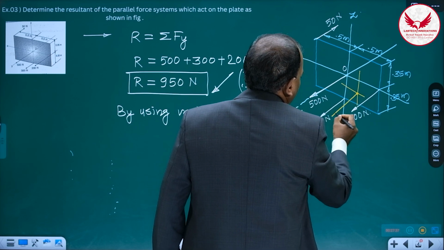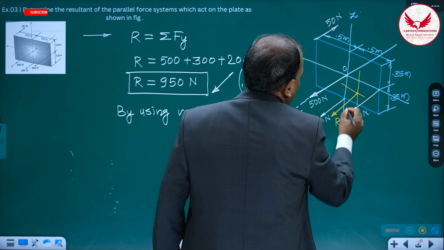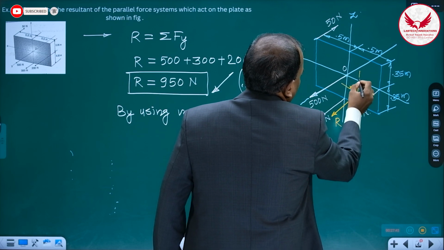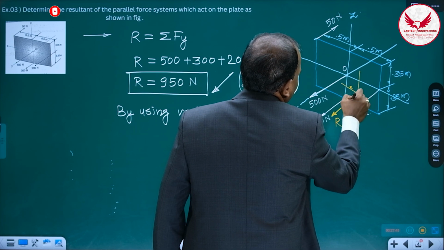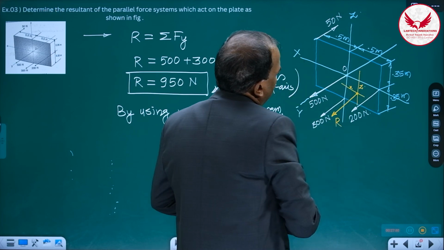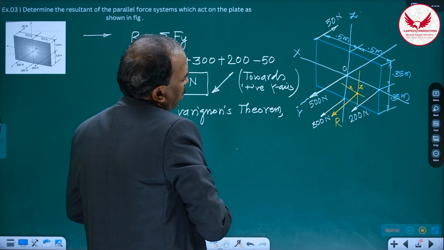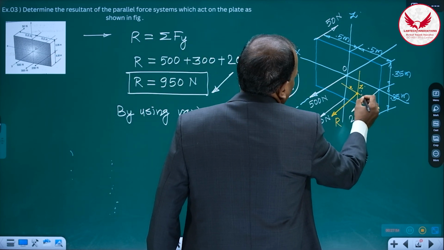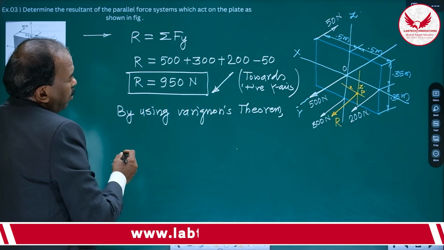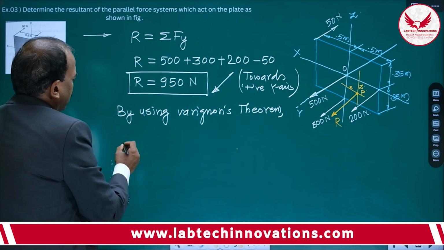Means it will be like this. It is R. So from z axis towards x, it is x. And from x axis towards z, it is z. And this point is going to be P, point of application.